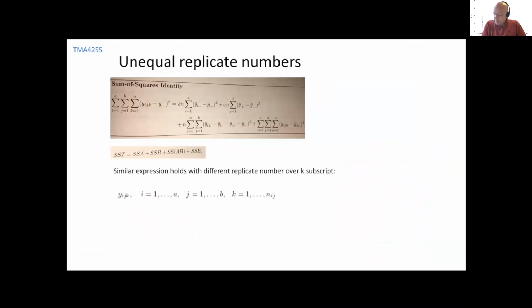We mentioned that the replicates can change between groups and factors, so it doesn't always have to be equal numbers. We can have two replicates for one combination and three for the other, or five for one. We can still do the analysis. It's just more bookkeeping.